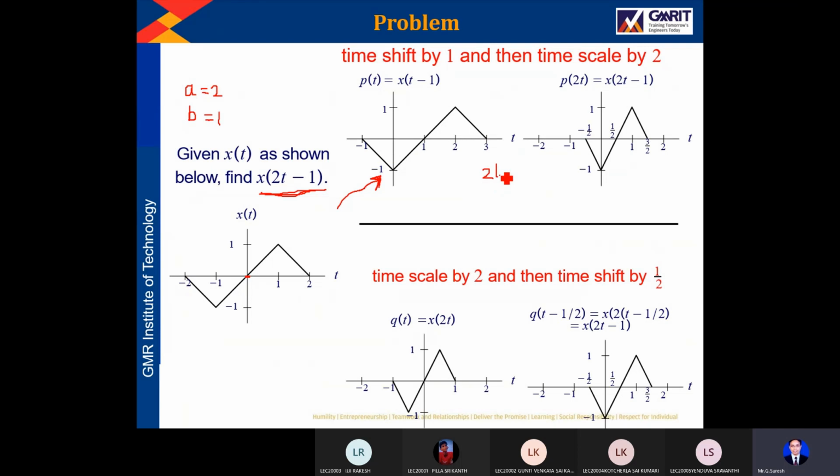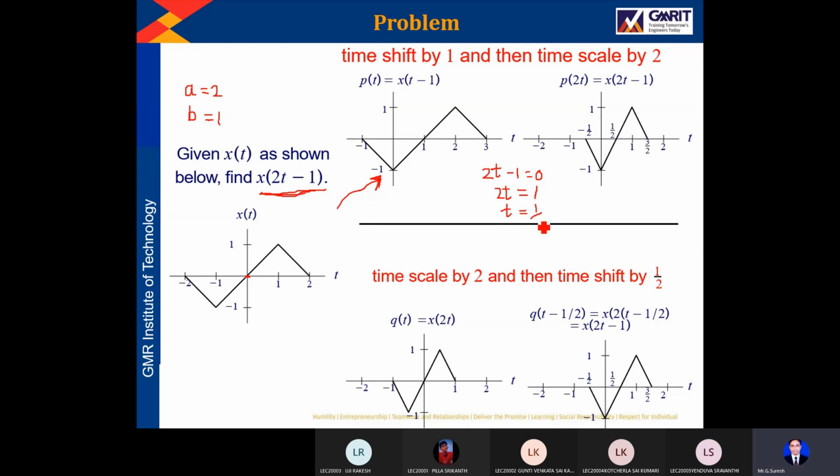You know that 2t minus 1 equal to 0, then 2t equal to 1, then t equal to 1 by 2.